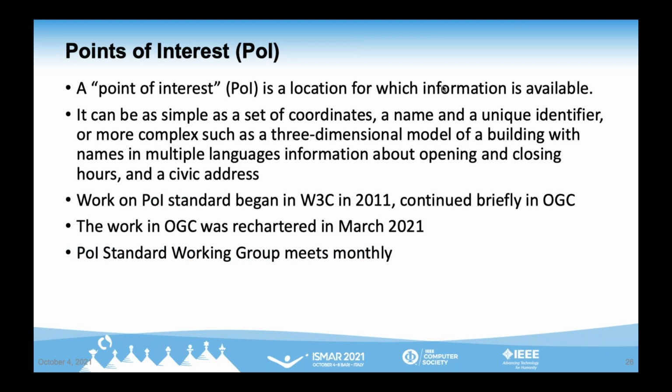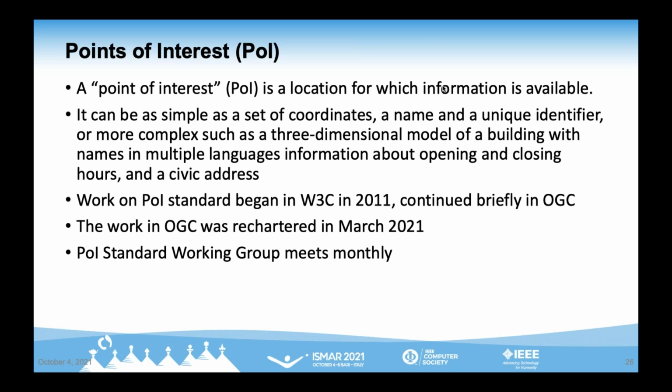A point of interest is a location for which there's information available. Now that's pretty general, and in fact, that's why it's so powerful. It could be relevant for augmented reality, but also for many, many other use cases in which people are consuming or publishing information about a location, about a point of interest. It can be as simple as an XY coordinate.